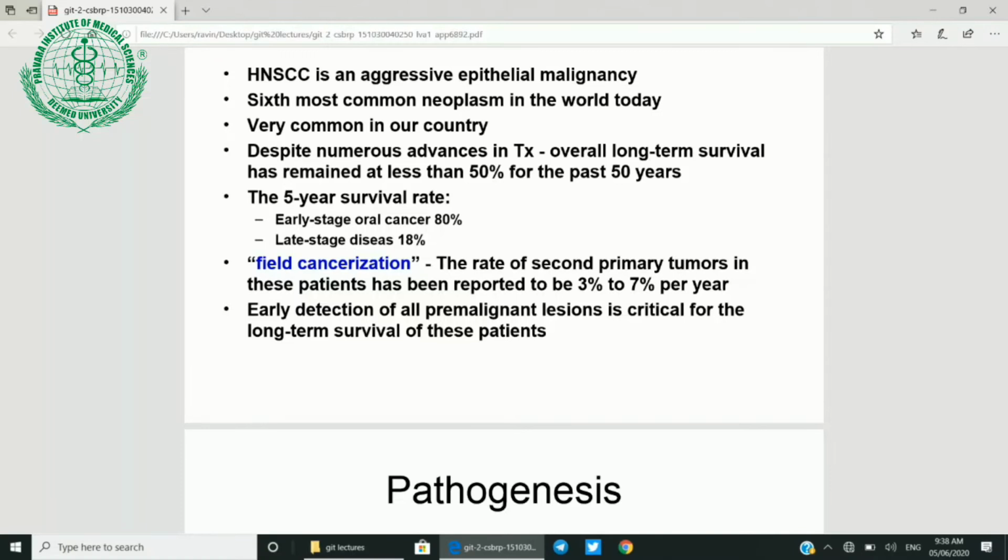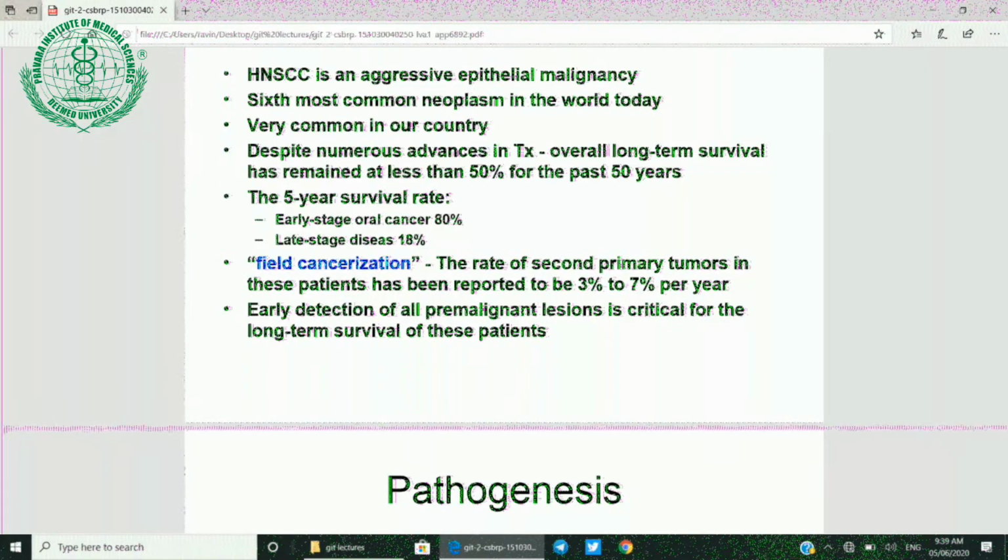But if the same patient reports at a late stage of disease, the survival drastically drops down to 18%. And that is why early detection of these pre-malignant lesions is very, very critical.